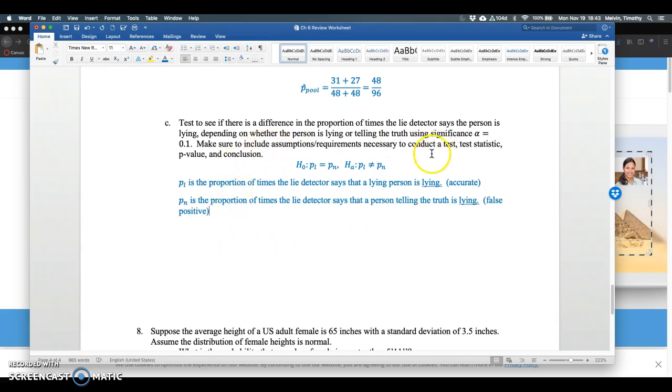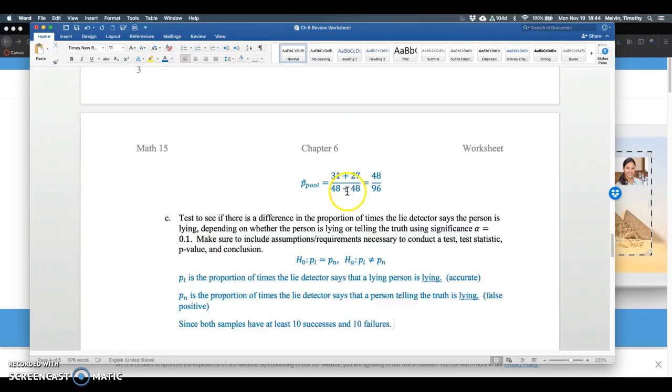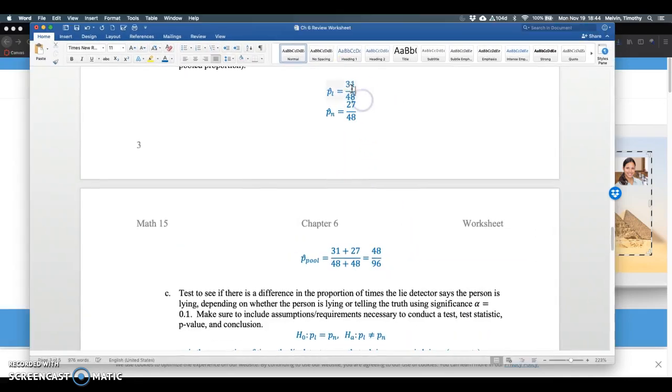All right. Let me put a note really quick. Since both samples have at least 10 successes and 10 failures, notice for the first group, 31 successes and 17 failures.